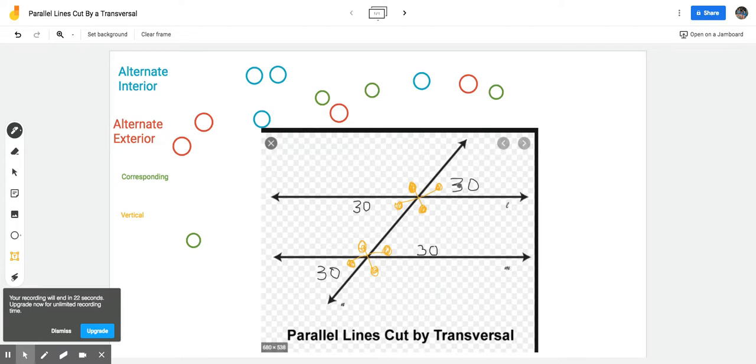And so I would say 180 minus 30, which is 150. And so I would actually be filling in every other missing piece with 150. So once you know one angle pair, you're able to use your vocabulary to find the missing one that's going to work for all of the other angles.